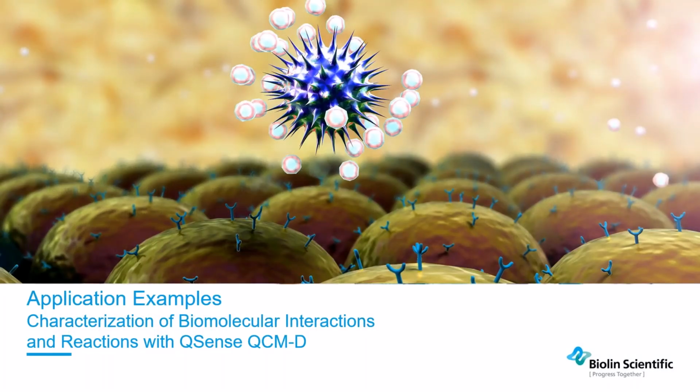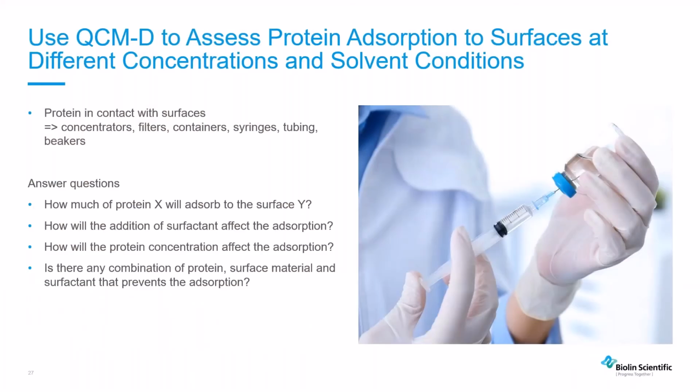The next example is about biomolecular interactions and reactions. There are many relevant scientific questions in this field in the pharmaceutical industry. A big fraction of all new pharmaceuticals today are protein-based.